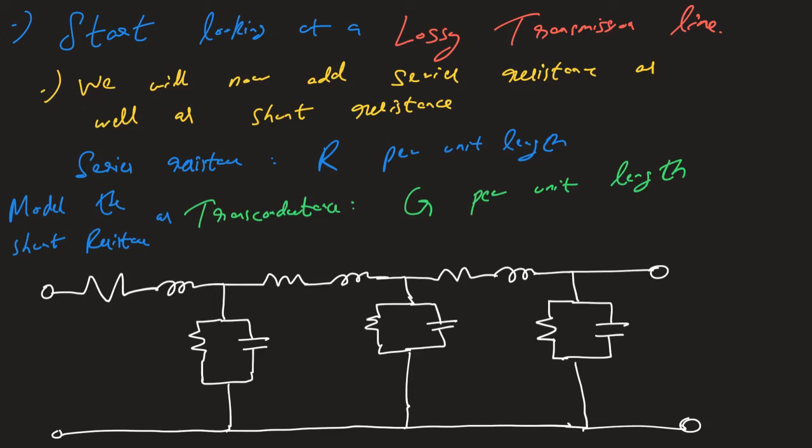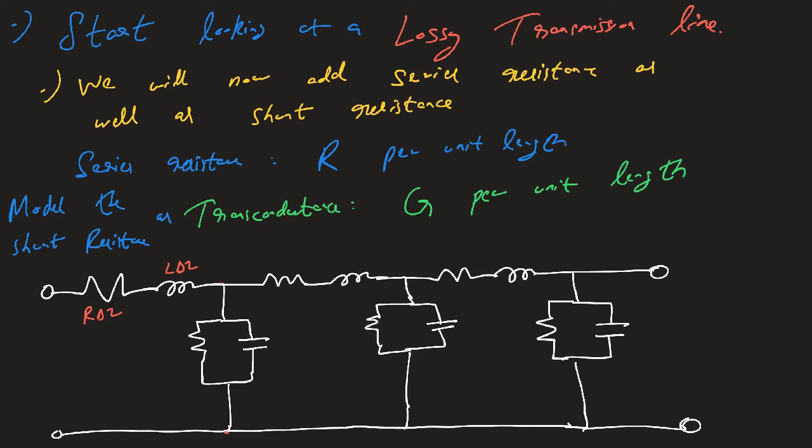So this resistor here is the resistance per unit length, R delta Z, inductance per unit length, L delta Z. This is transconductance per unit length. The higher the transconductance per unit length, the higher the amount of current that can flow from here to here. The higher the transconductance, not the shunt resistance, the transconductance, right? Conductance is just 1 over the resistance.